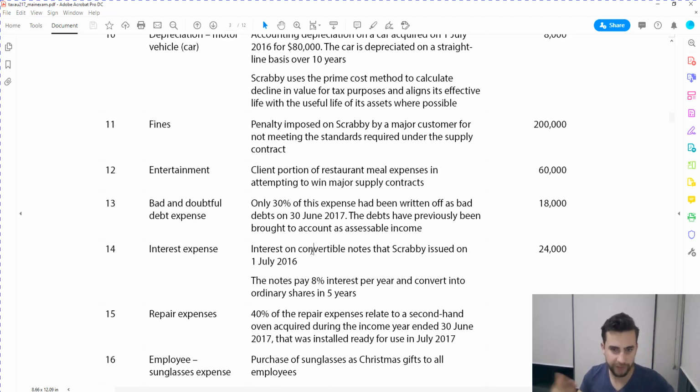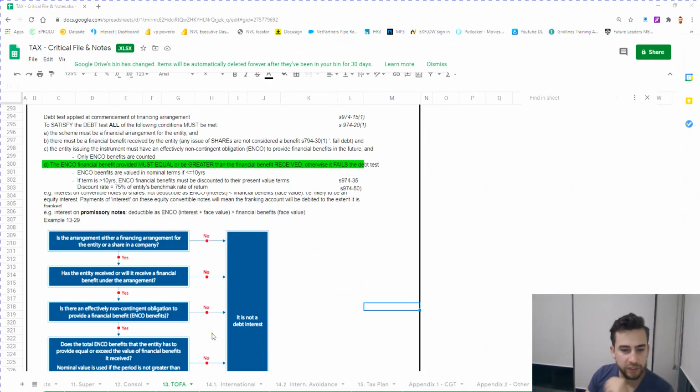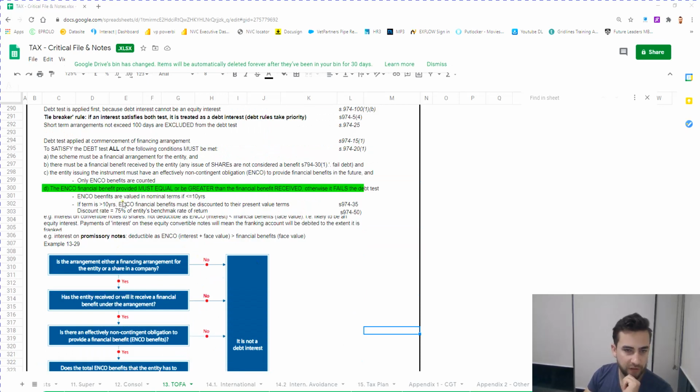So this is what we need to consider for this particular question. Is it actually debt? Can we actually get the deduction for debt on that basis? The relevant chapter to read more about this is TOFA, Taxation of Financial Arrangements. You can watch our video on it to get a bit more understanding about whether you would classify something as debt or equity. Basically, you need to consider this thing called ENCO.